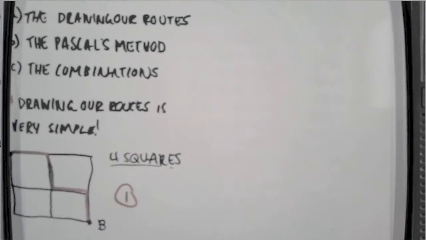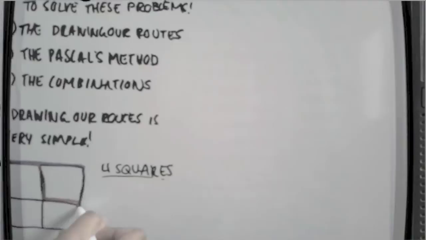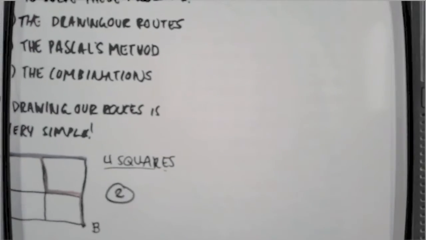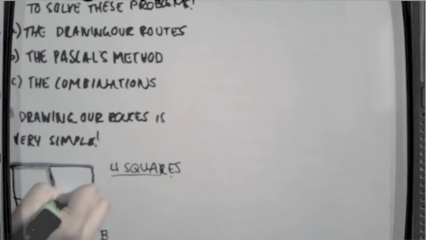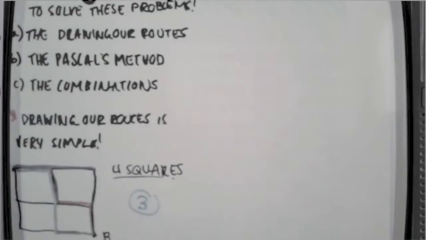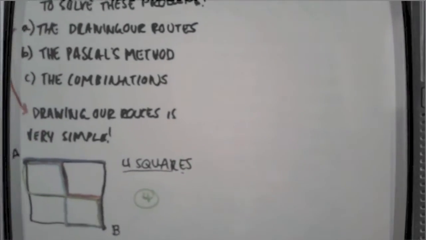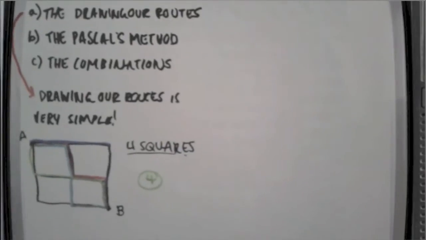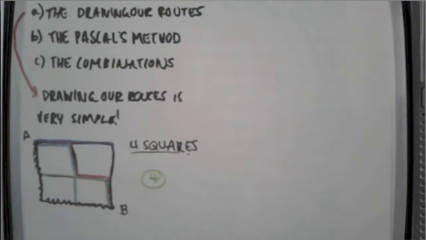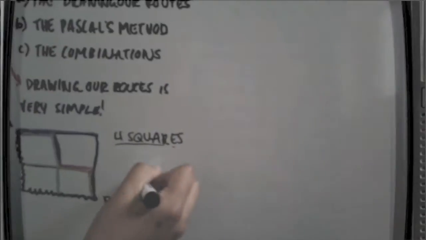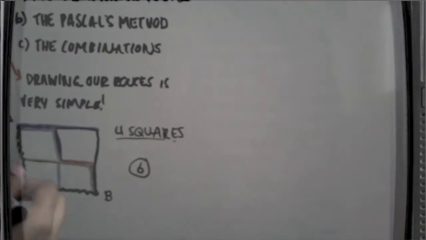And you can see that we get 1, 2, 3, and then 4, 5, and finally 6. That shows us that we have 6 total routes. It's pretty simple, but it can only be used for the simplest diagrams.